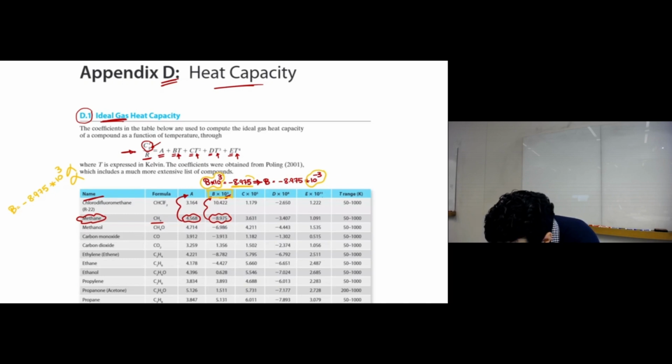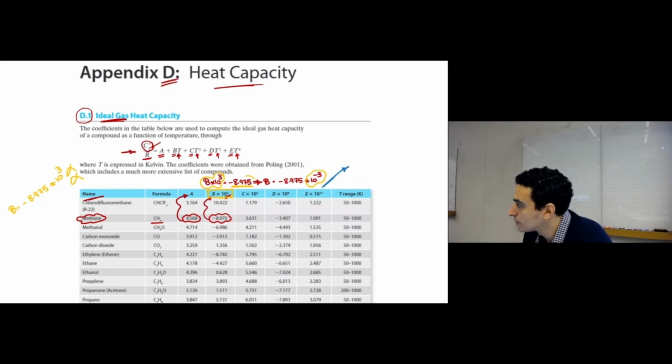So if I ask you for methane, what would be the value of E? Can anyone give the number? The value of parameter E for methane? Yes.